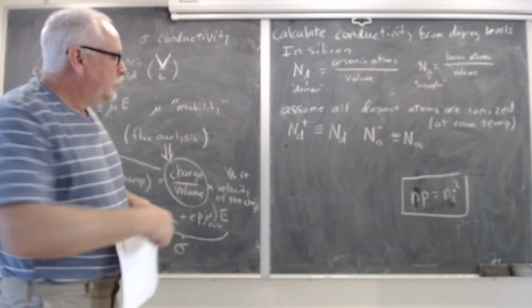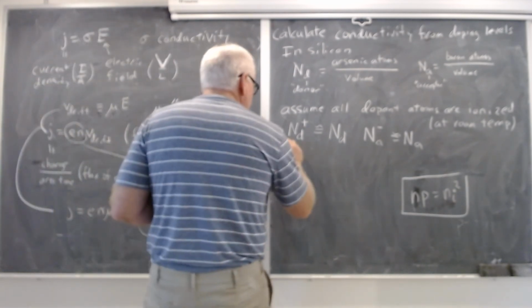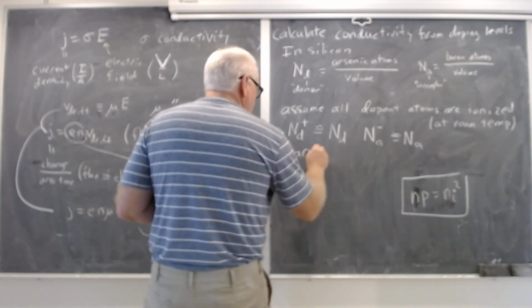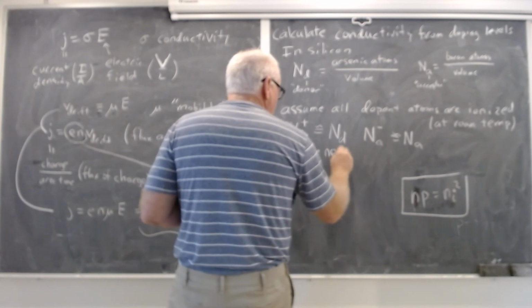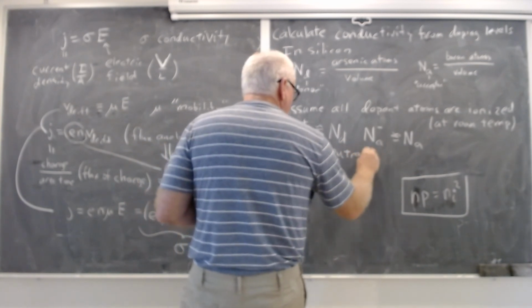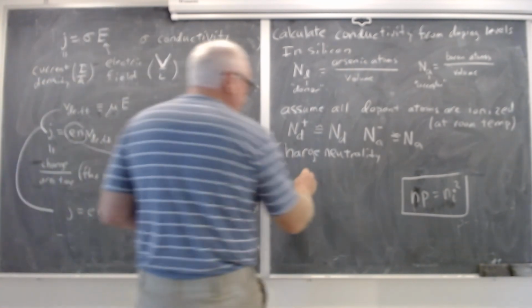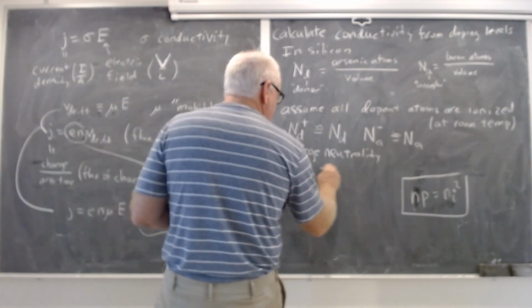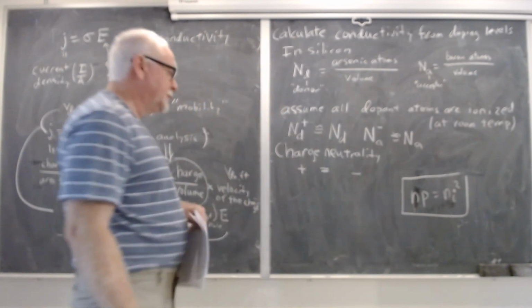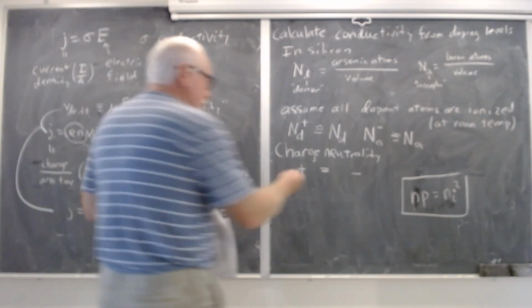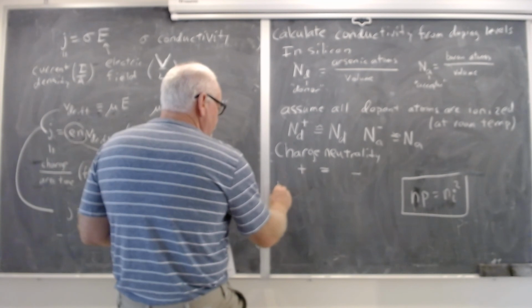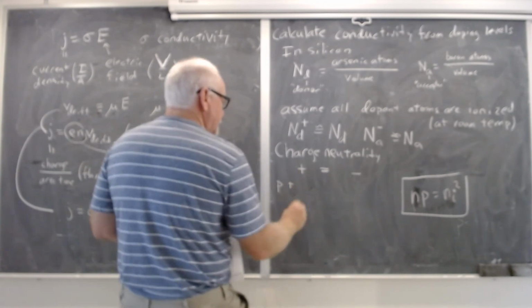And now, charge neutrality states that plus equals minus. That's what charge neutrality is. And so we write down the plus side, the holes, plus the donors.